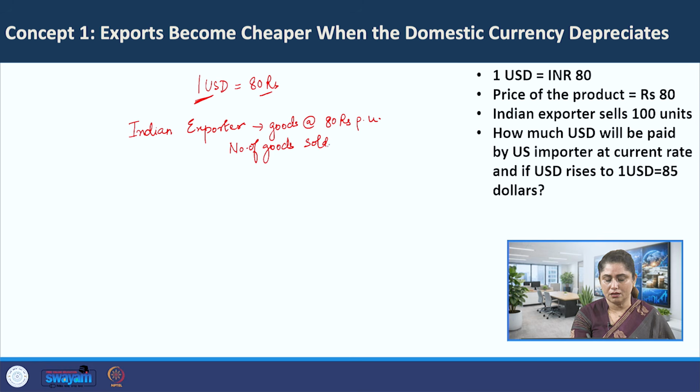The number of goods sold is 100 units. How much USD will be paid by the US importer?